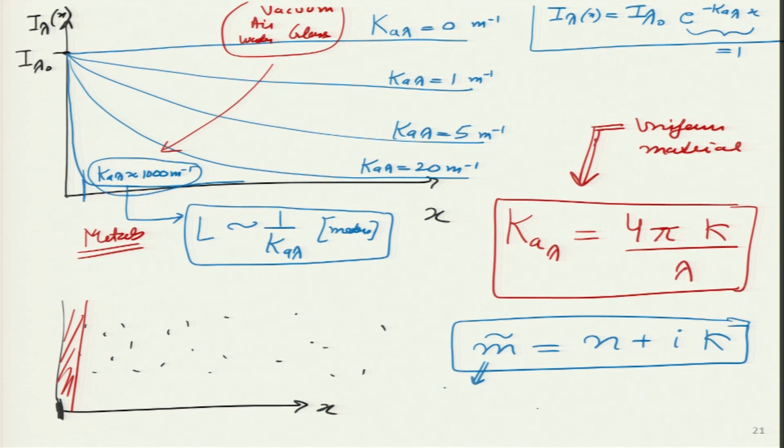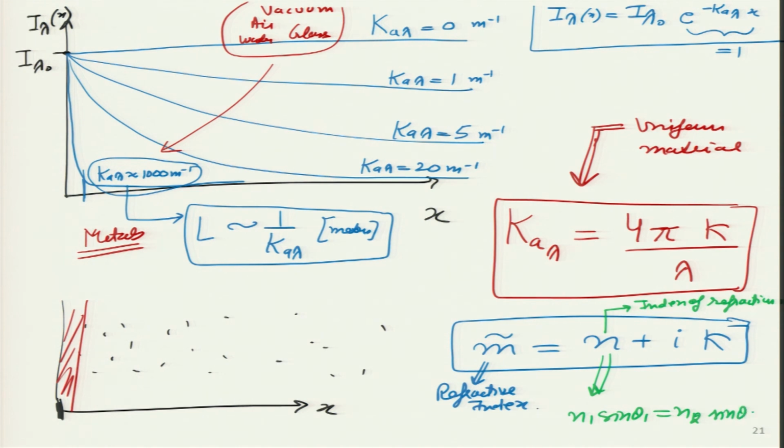So, here this is the refractive index of any particular medium. It can be for aluminum, for glass, for air. Then this is the index of refraction, and this is something that we study in school when we are looking at Snell's law. Then when we are looking at refraction, n1 sin θ1 equals n2 sin θ2.